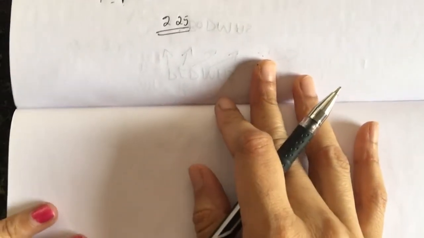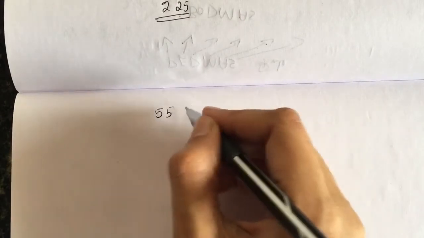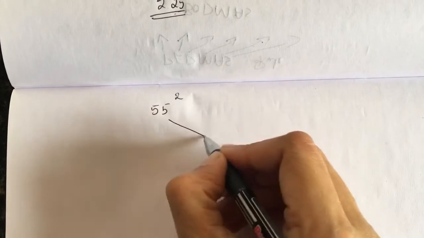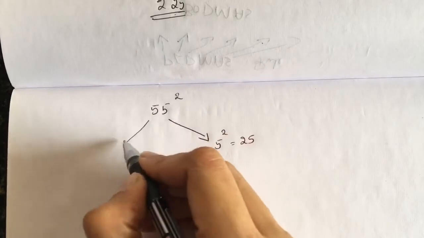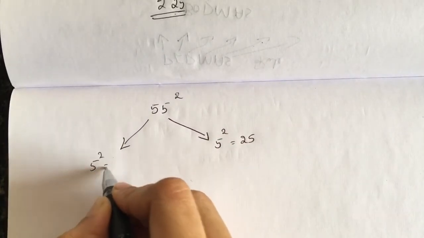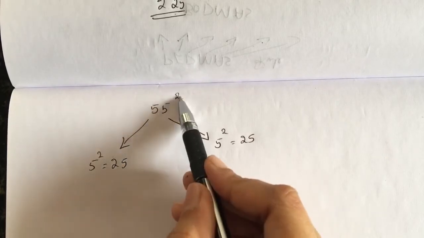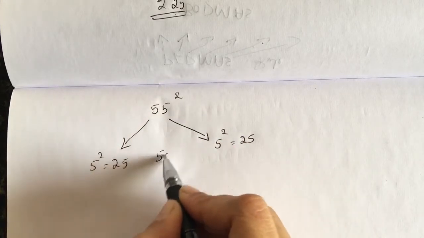I repeat with another example, say 55 square. Suppose you have to calculate 55 square. I'll tell you one method. You take this 5 square, so it's 25 again. Over here again it's 5 square, it's 25. Now you multiply these numbers, 5 into 5 into 2. 5 into 5 is 25, 25 into 2 is 50.